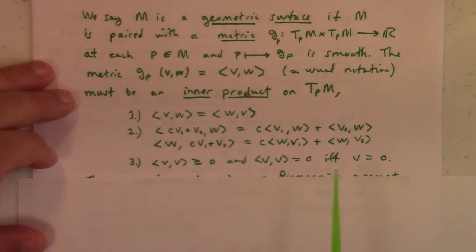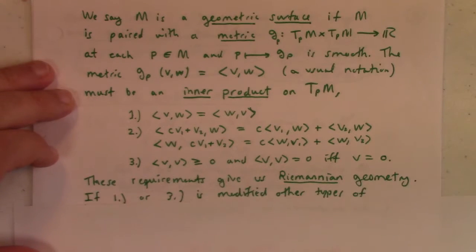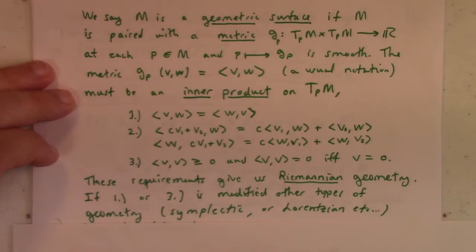Now this third condition can be weakened, or changed or swapped out. And actually, conditions 1 and 3 sometimes are tweaked. And if you have a different structure on the abstract surface, you could end up with something called symplectic or Lorentzian geometry.